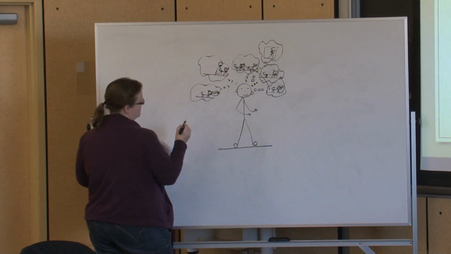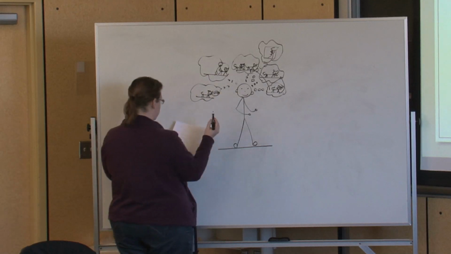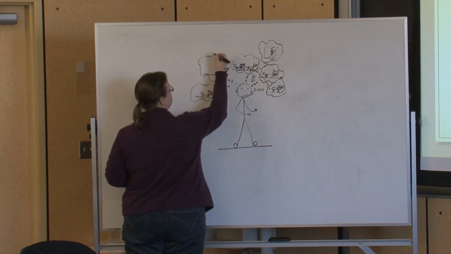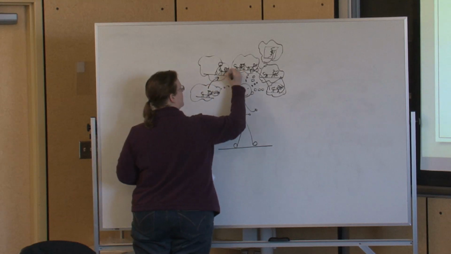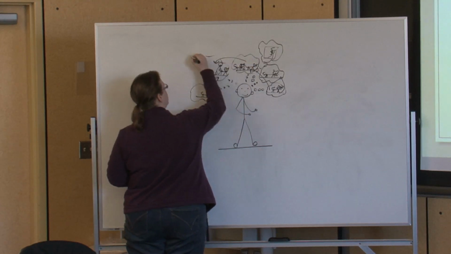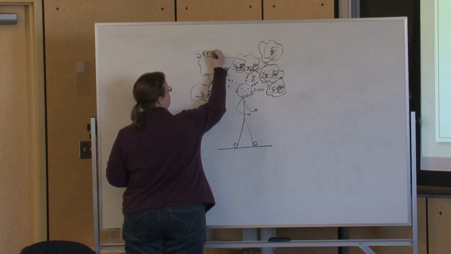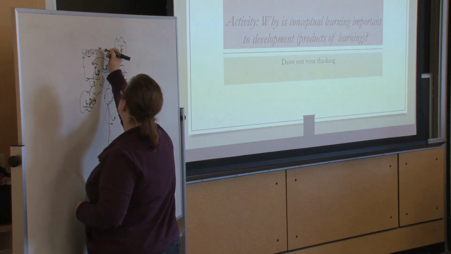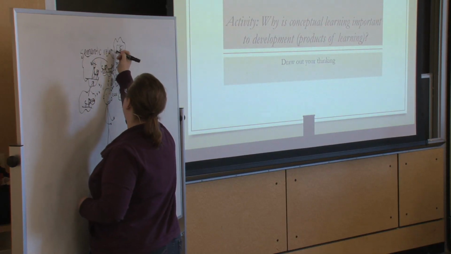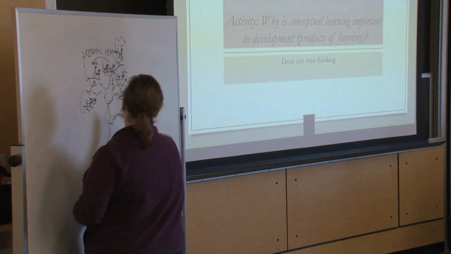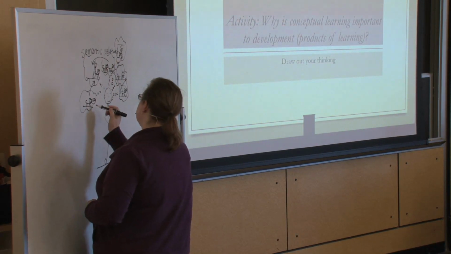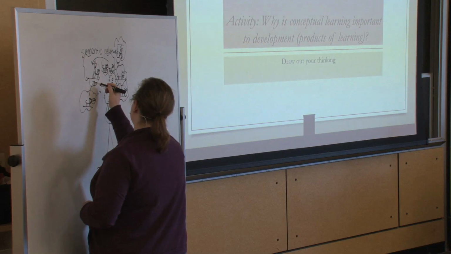And eventually these concepts start to layer and interconnect. We call these semantic relationships. It's how these all interconnect with each other, right? All these different ways that this learner has approached this. So maybe the cat meowed when he petted it.